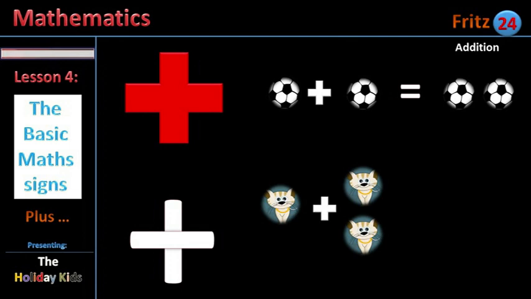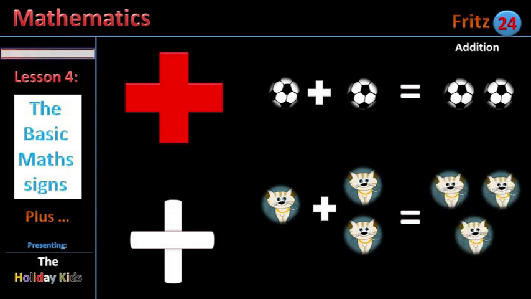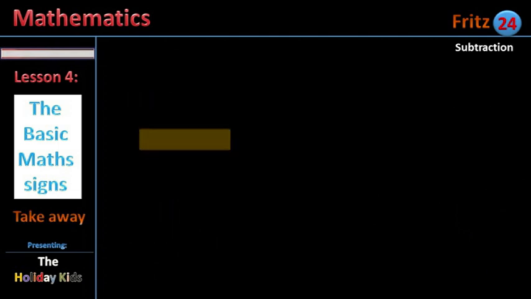We count all of them, 1, 2, 3. So the result is 3 cats. One cat plus two cats equals 3 cats. That is for addition. You remember how to write the sign? Addition means to add. We are on to the next.